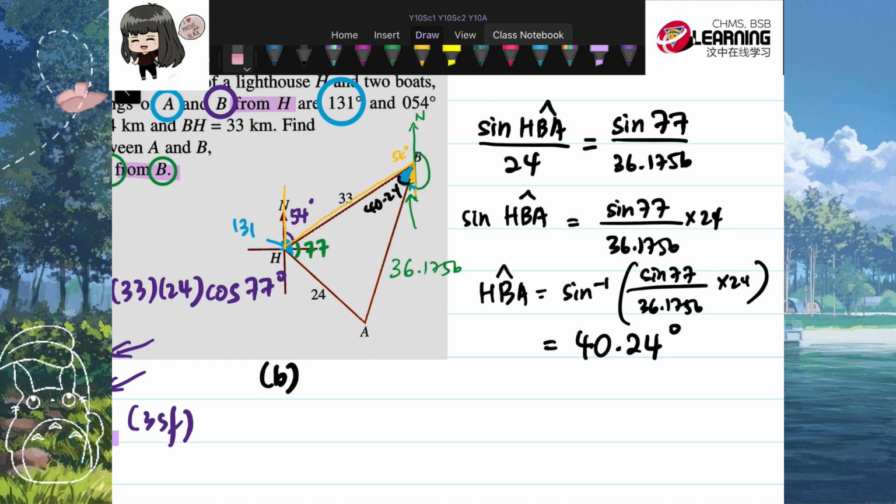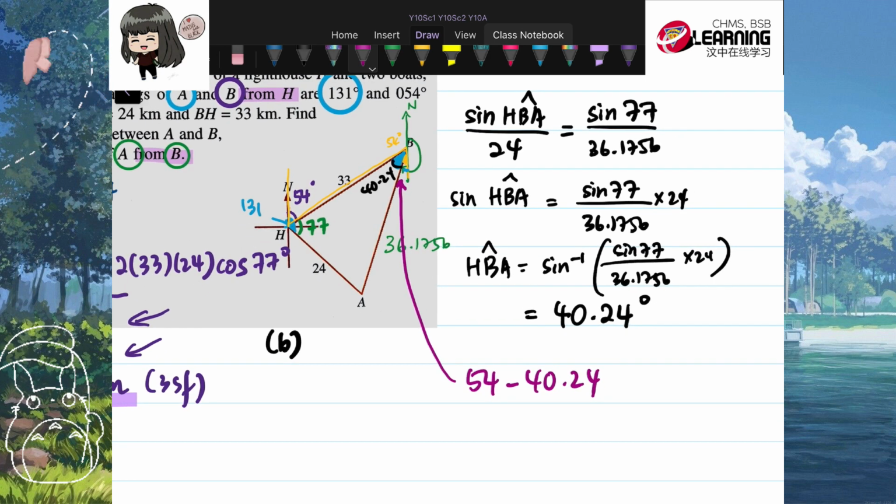To find the green one, we use 54 minus 40.24, so you will get 13.76 degrees.